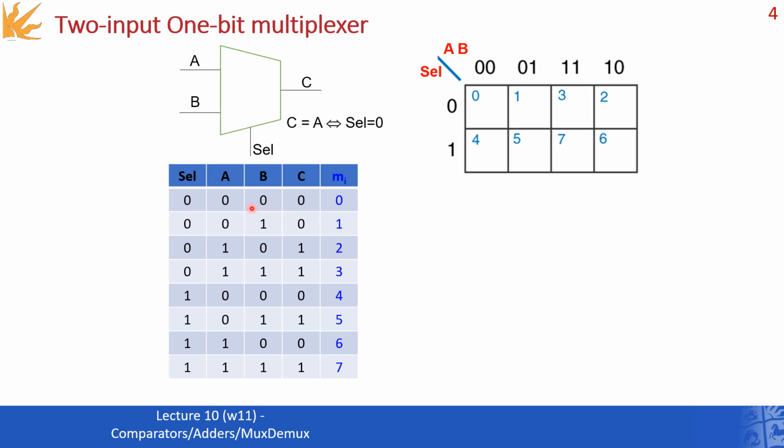Using all the different combinations over here of selection, A, B, and C, we managed to fill in this truth table, which will obviously have 8 different rows. Now, depending on the selection, the final output here will be either equal to A or B.